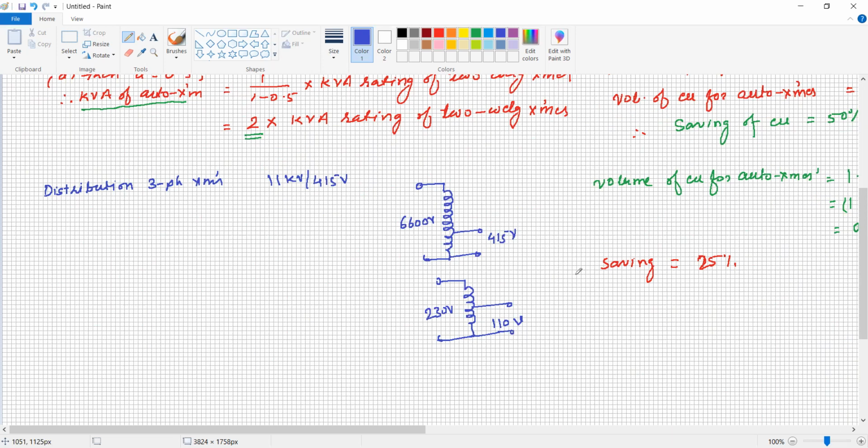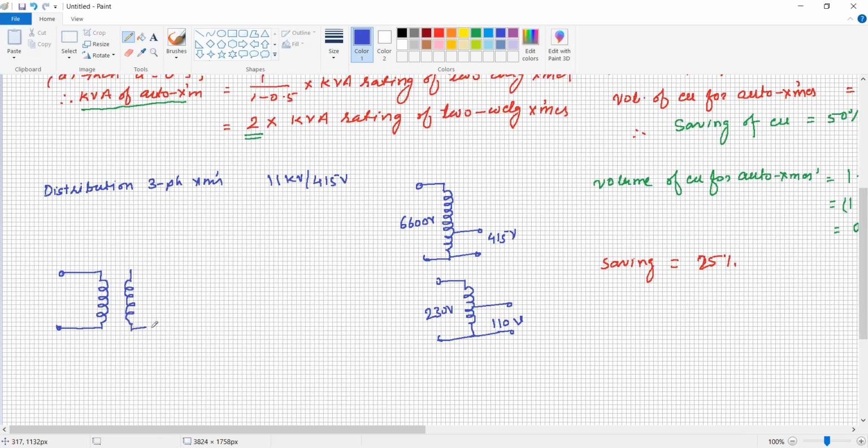So the reason is that even though there is a saving of copper and the rating of the auto transformer is greater, let me examine this by comparing a two winding transformer and an auto transformer. It is very important, so follow this lecture very carefully.